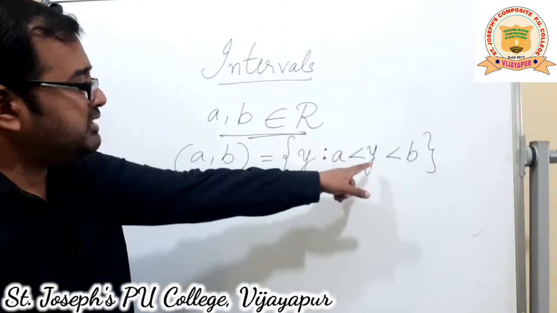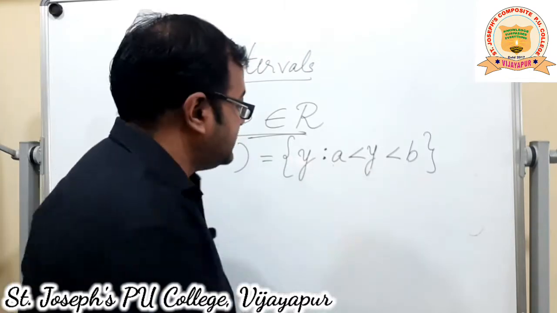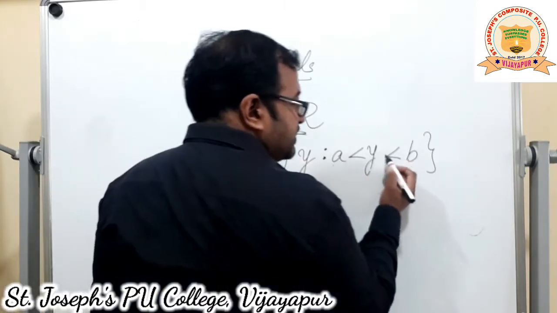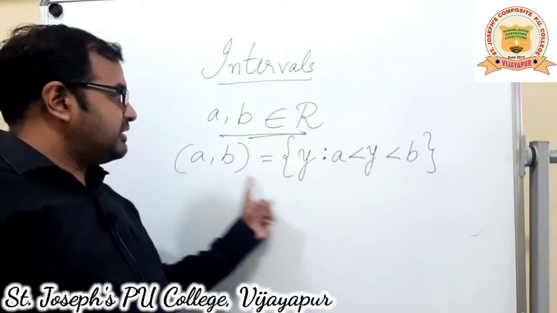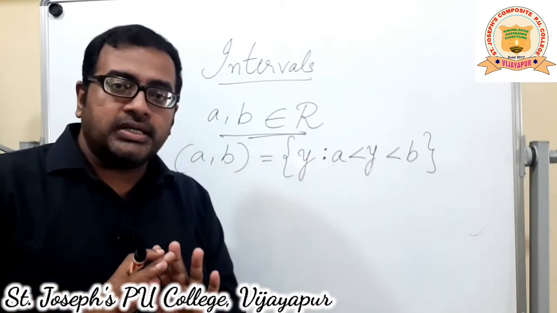Then all those numbers coming in between A and B, strictly greater than A and strictly lesser than B, means A and B are not included when I write like this.